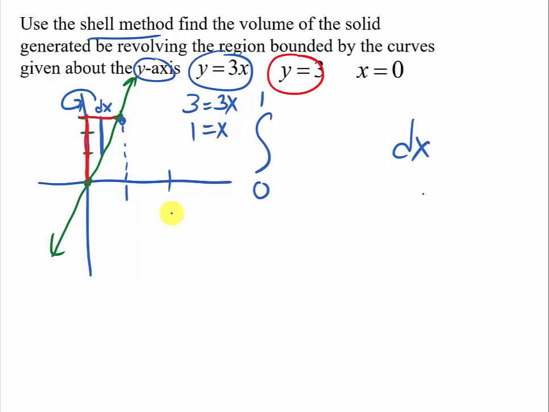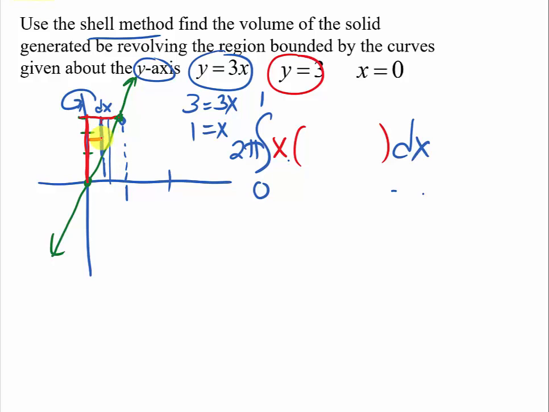Okay, so shell method, we need to take 2 pi r. If I'm rotating about the y-axis, then our r is going to be this distance right here to the shell, which is going to be x. And then we need to multiply that by the height of a shell. This little blue thing is representative of a shell, so how would I express that height? Well, I can see that it's all the way up minus this piece here would give me this piece right here.